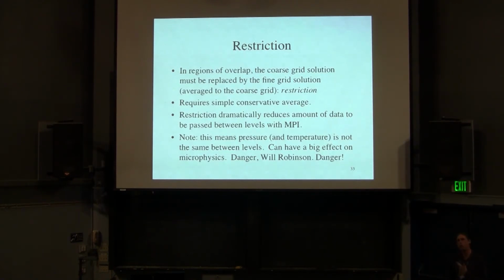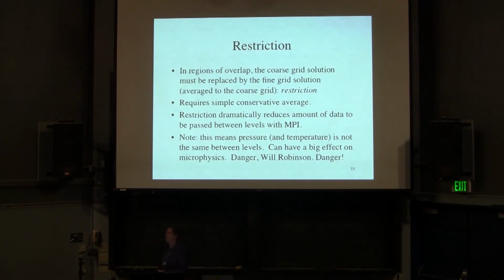And if you're going to do microphysics like chemistry, I'm not sure if Paul's here, but if you're doing any kind of microphysics which is strongly nonlinear functions of the temperature, you have to be extremely careful. Danger, Will Robinson, danger. If you're going to do microphysics on the coarse mesh and the fine mesh and only restrict the conserved variables, that's not going to be correct, because the chemical reaction rates in the coarse mesh will be completely different than what they are in the fine mesh for that same overlapping region.